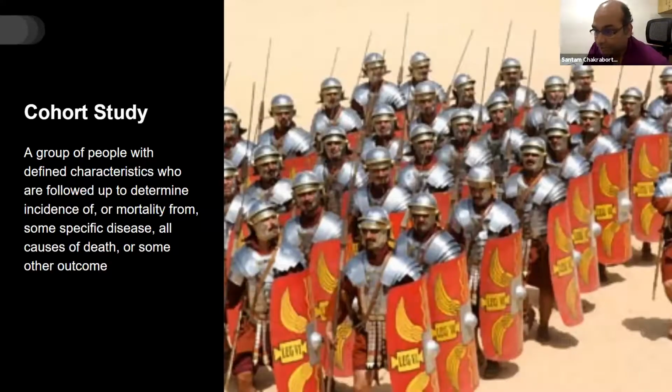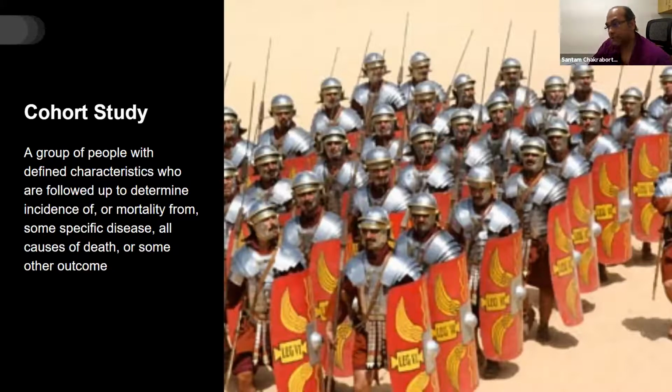Next, let's come to the next important design, the cohort study. The word cohort itself basically means a group of people with defined characteristics who are followed up to determine the incidence of or mortality from a specific disease, causes of death, or some other outcome.